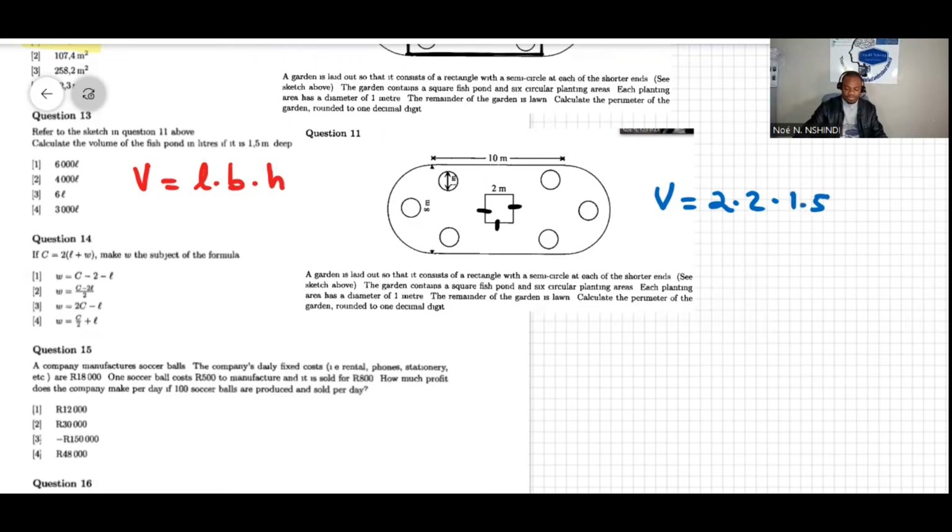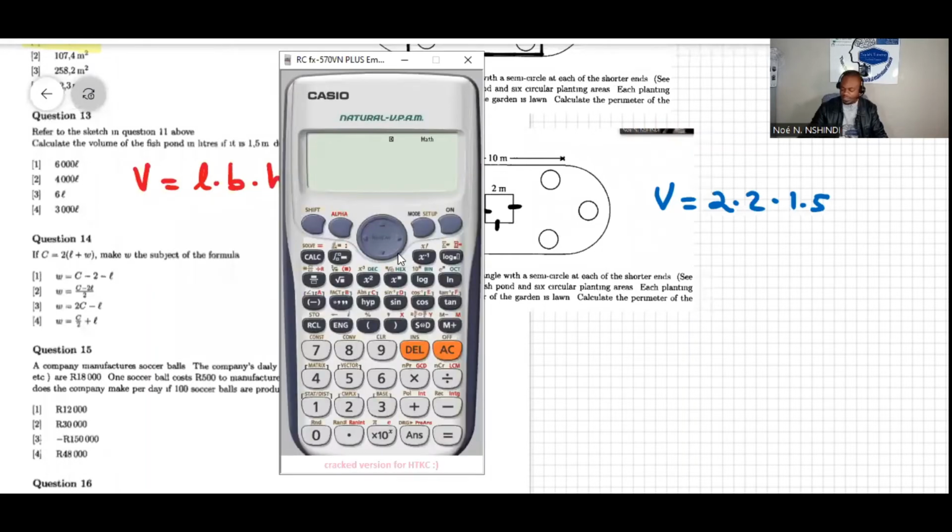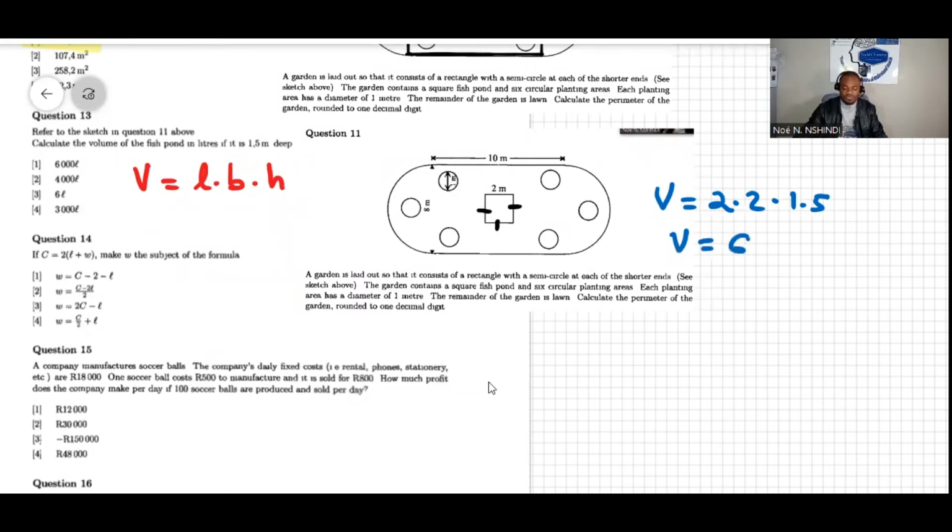Now we can use our calculator to find this. If I use my calculator here, we can just do 2 times 2 times 1.5, and then hit equal, this is equal to 6. So the volume here is equal to 6, but 6 what?